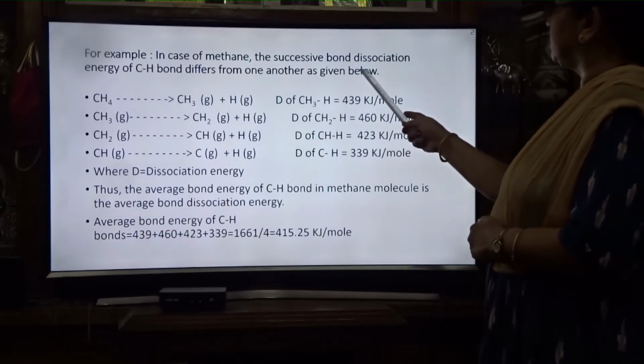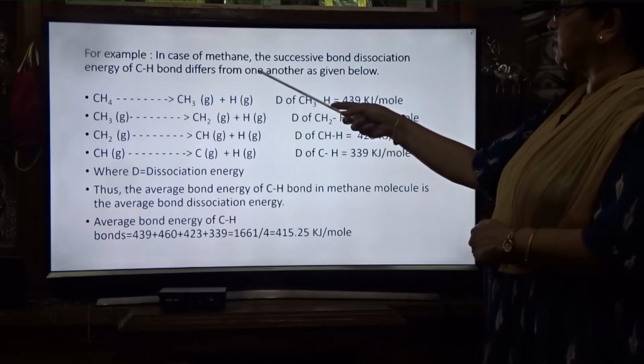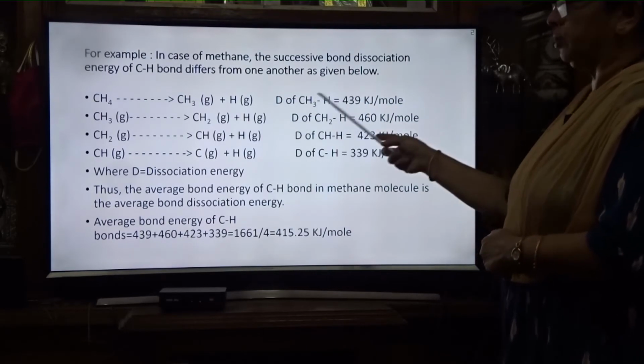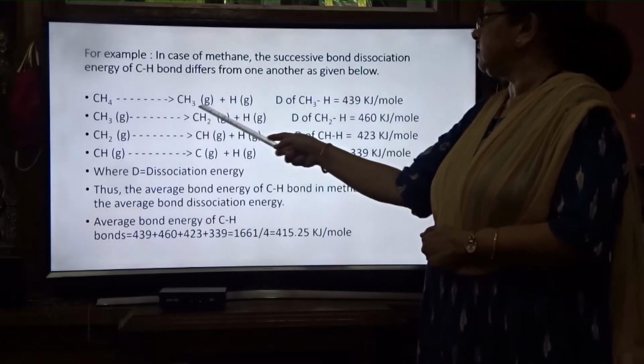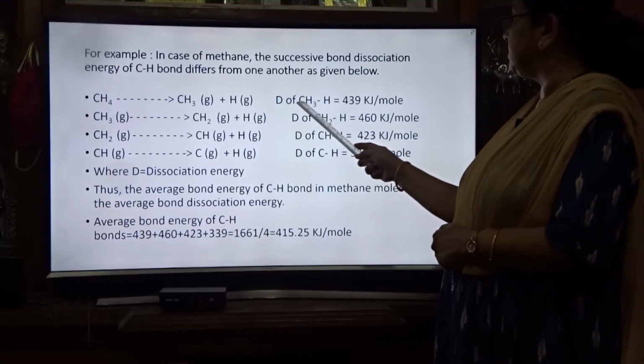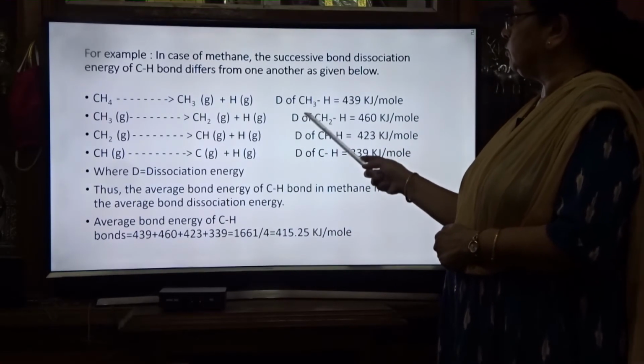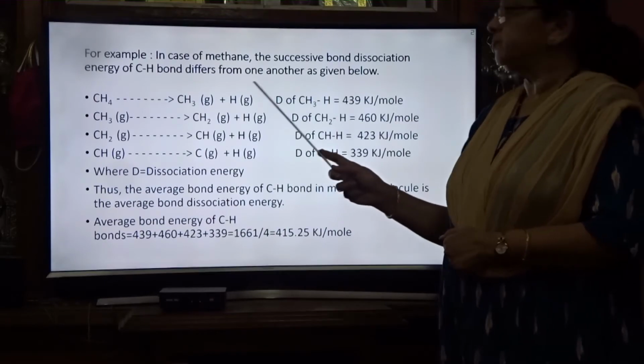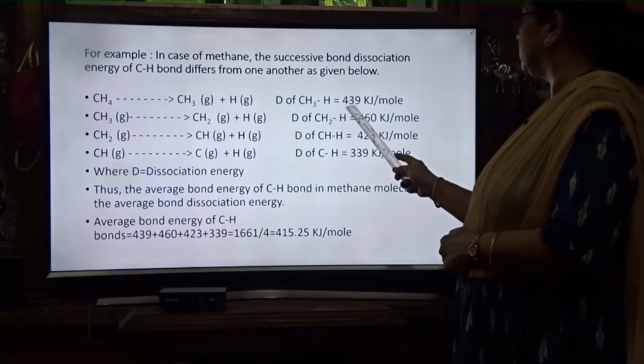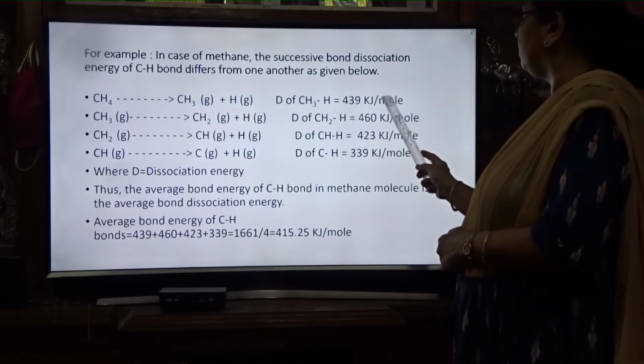In case of methane, the successive bond dissociation energies of the C-H bond differ from one another as given below. CH4 to CH3 and H: the carbon has 4 hydrogen atoms. When the first hydrogen atom breaks, the bond dissociation energy is 439 kilojoule per mole.